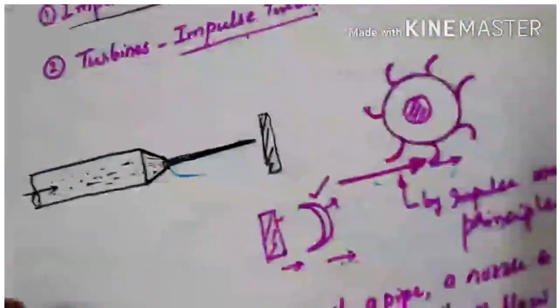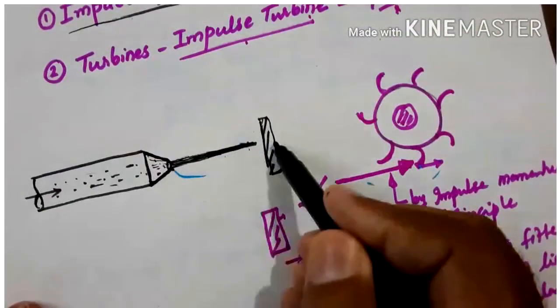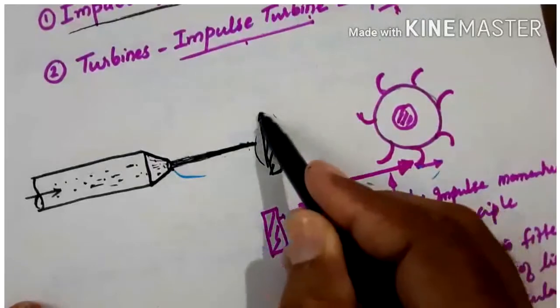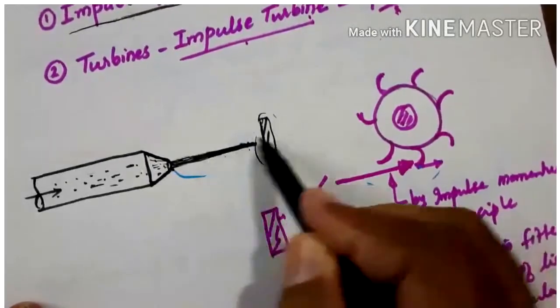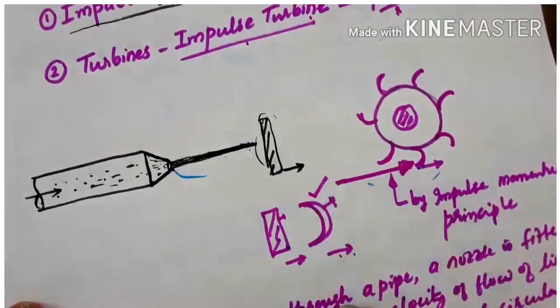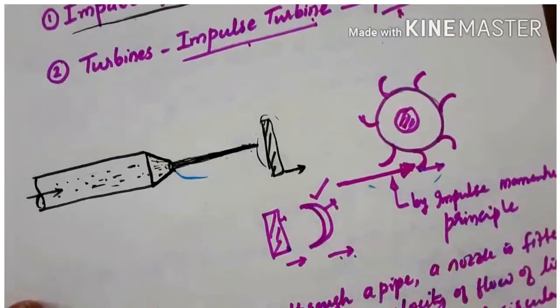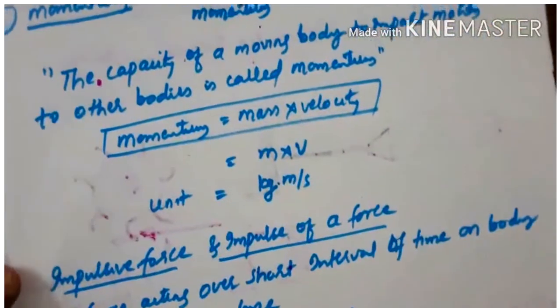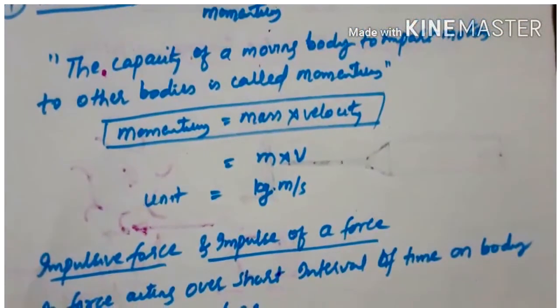So here a jet is imparting a force on this plate, and it makes the plate move also. So this concept, the impulse momentum concept, will be used here. Please go through it once again and try to understand this principle.